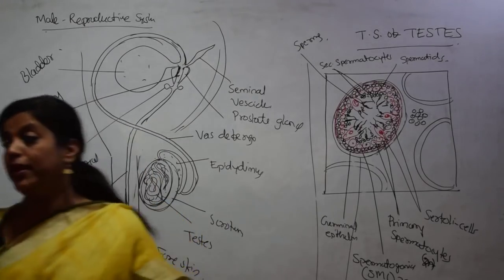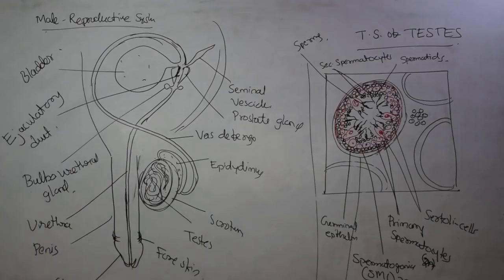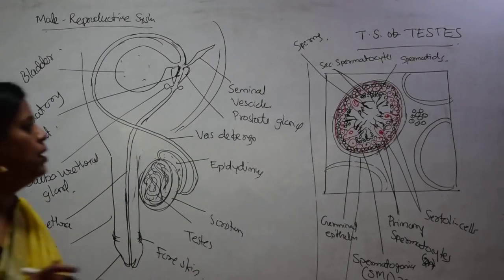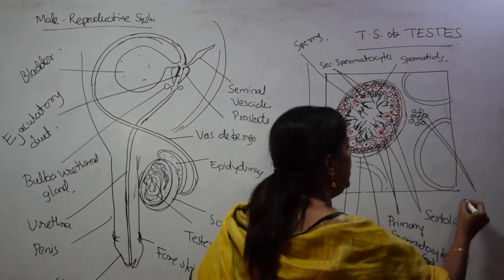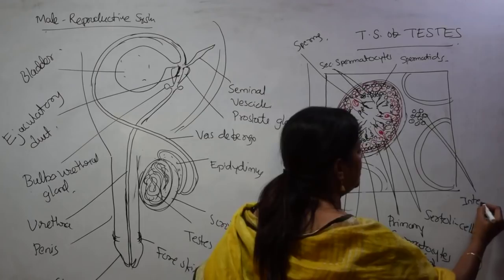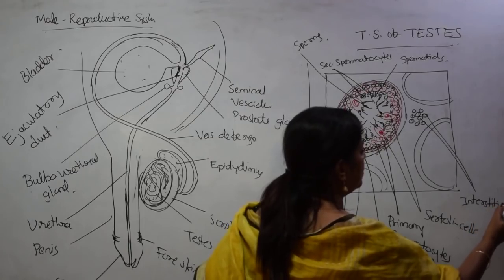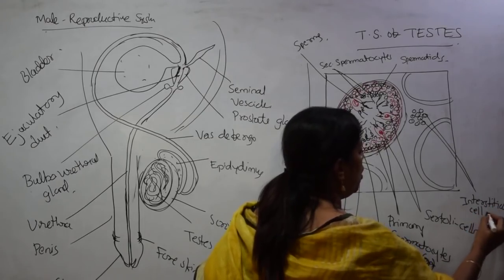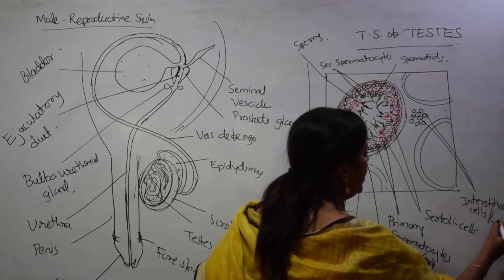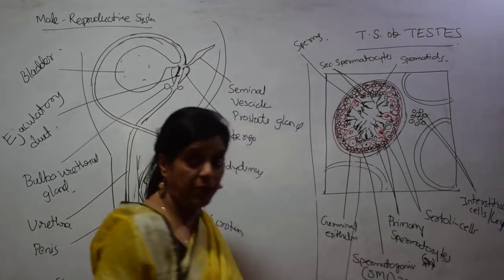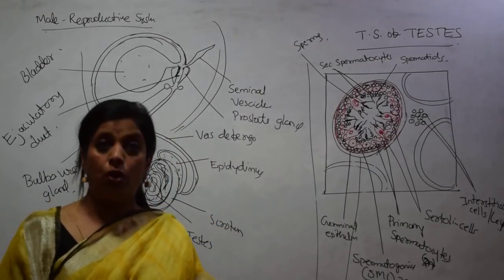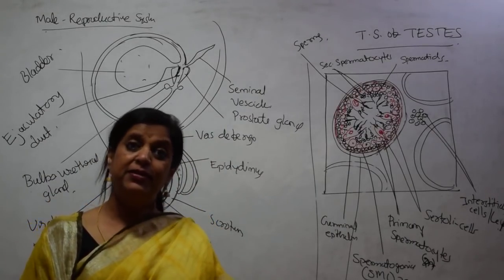Okay, observe the diagram and remember and draw it. You can see that these cells, what I have drawn, are the interstitial cells, or they are called cells of Leydig or Leydig cells. They are important because they produce the male hormone, androgens, called testosterone.